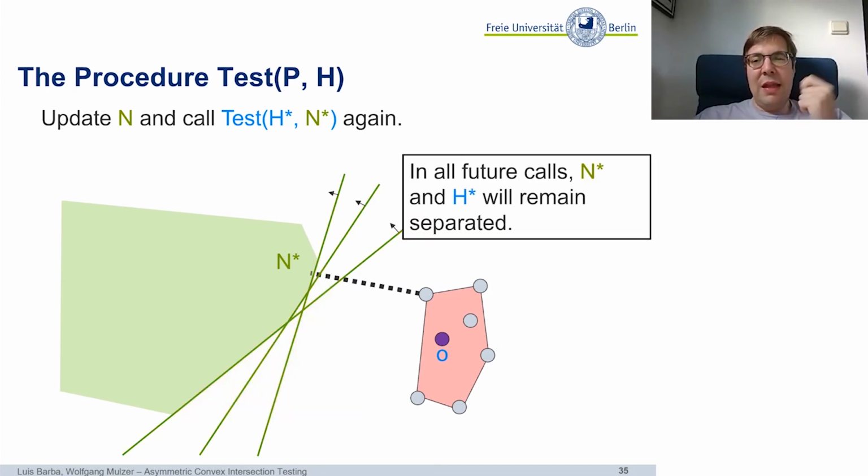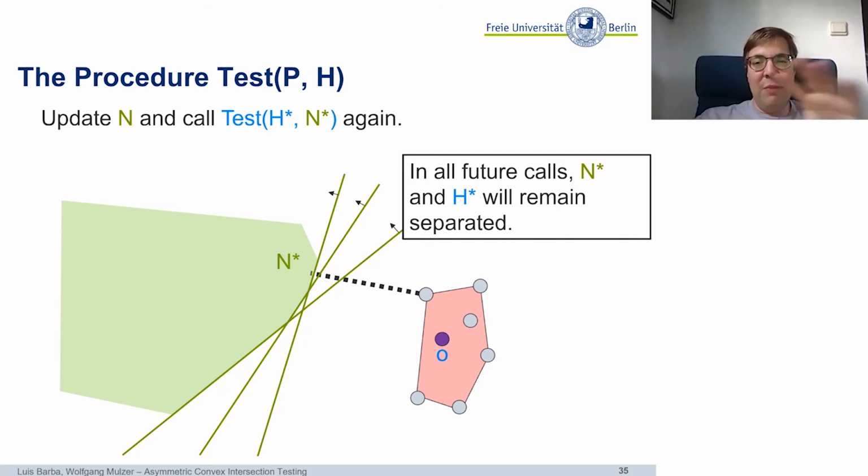And we also repeat this. And again, as in the LP type, we can prove that if this case happens, then this will just continue. So if this case occurs, we will just stay in this case. So it cannot happen that after we were in this case, where H and N intersected, and we add points to N, we again get separated points.